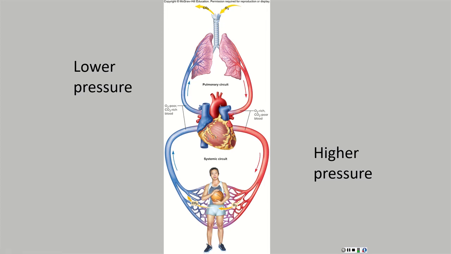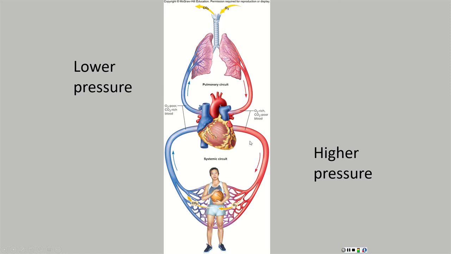The pressure is pretty low. It doesn't have to be very high at all because, like I said, the lungs are right next door. And then the other part is called the systemic circuit. The systemic circuit is blood flowing from the left ventricle to the body tissues and back to the right atrium.